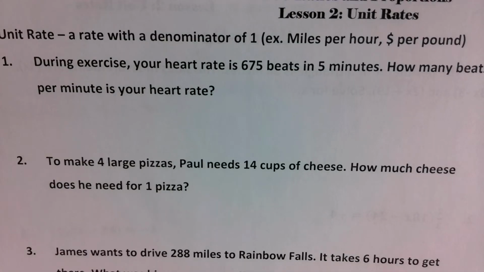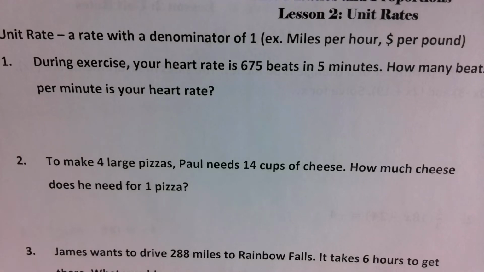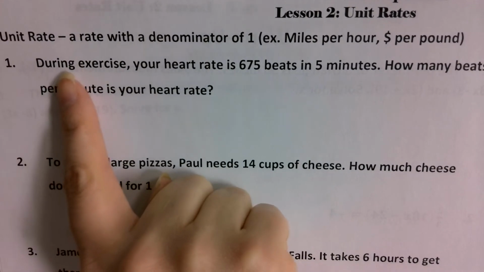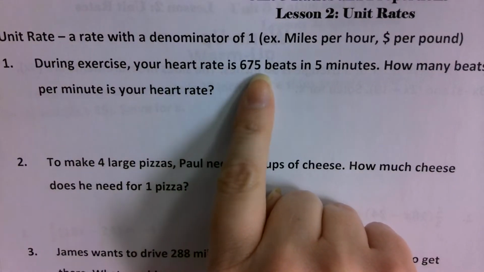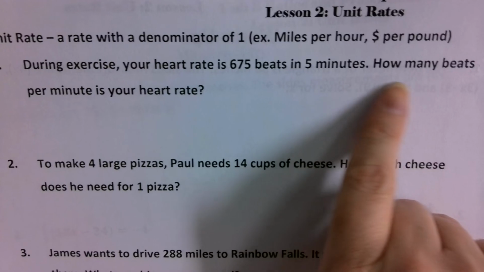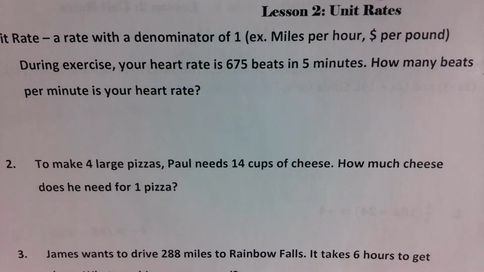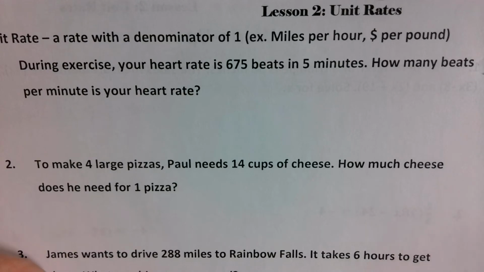All right. So for here, again, the idea of the unit rate is you're setting it up as a fraction, and your goal is to get that denominator to be a value of 1. Okay, so if I'm looking at this problem, it says during exercise your heart rate is 675 beats in 5 minutes, then how many beats per minute will your heart rate be? So it tells you exactly how it wants you to set it up.